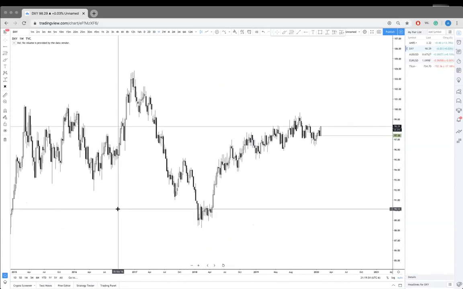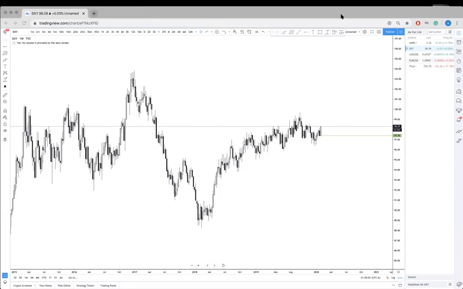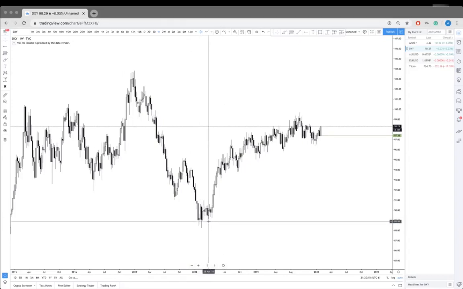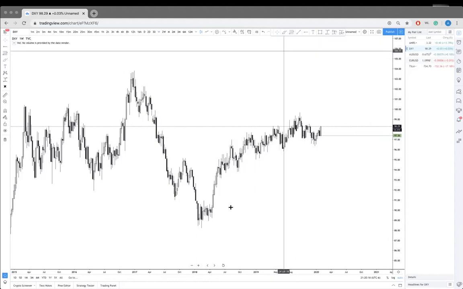Was it 2016? Or am I tripping? Yeah, 2016. So we saw that crash. But since then, it's been almost 2 years now that we've consistently seen the dollar push up.